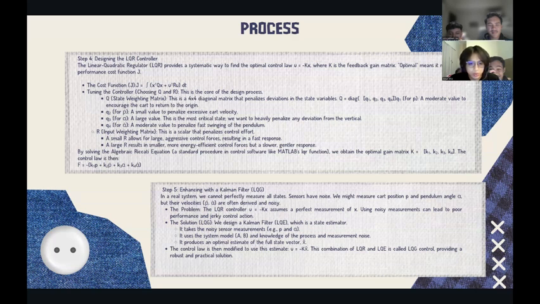The solution: we design a Kalman filter, which is a state estimator. It uses the noisy sensor measurements, and it also uses the system model A and B and knowledge of the process and measurement noise. It then produces an optimal estimate of the full state vector x. The control law is then modified to use this estimate, u equals negative K x-hat. This combination of LQR and LQE is called LQG control, providing a robust and practical solution.